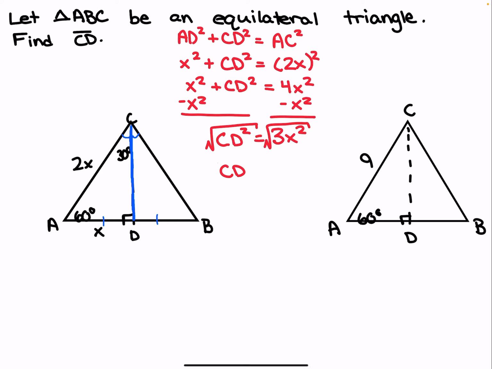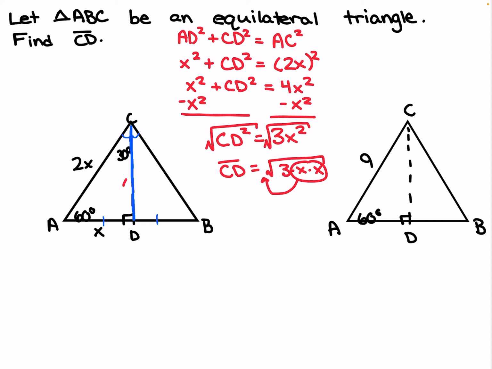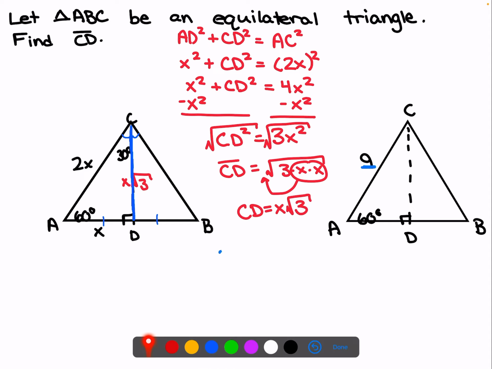And on the right side, we'll have radical 3 times x times x. Again, if you see a pair underneath your radical, a pair of numbers or variables, we can take the pair outside of the radical. This will leave us with CD is equal to x times radical 3. And that is the final answer for this side length, CD.